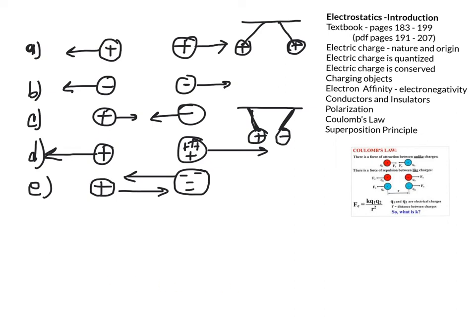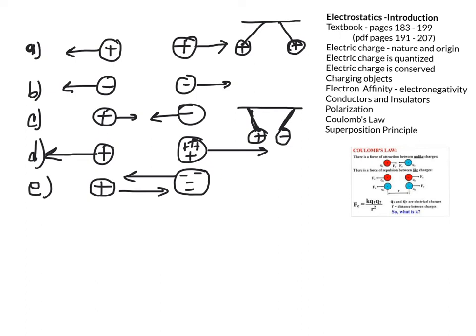This is the value of it. It's so close to 9.0 that in most cases you can just use 9.0 to do the calculation. And notice the units, newtons meters squared per coulomb squared. When you put K into this equation, the units will come out in newtons.